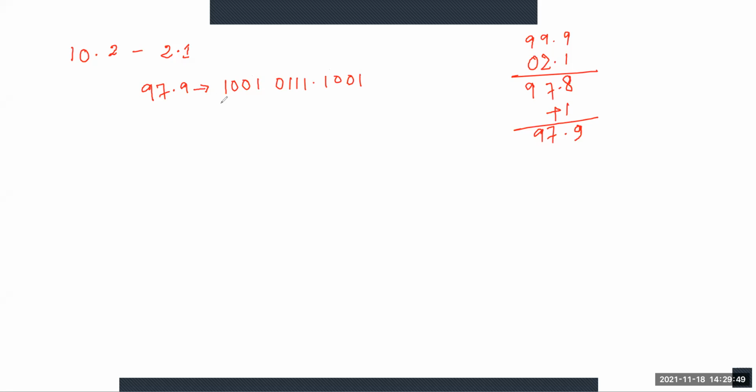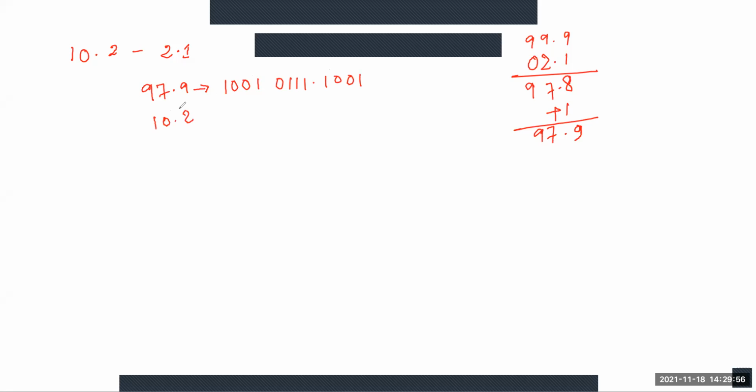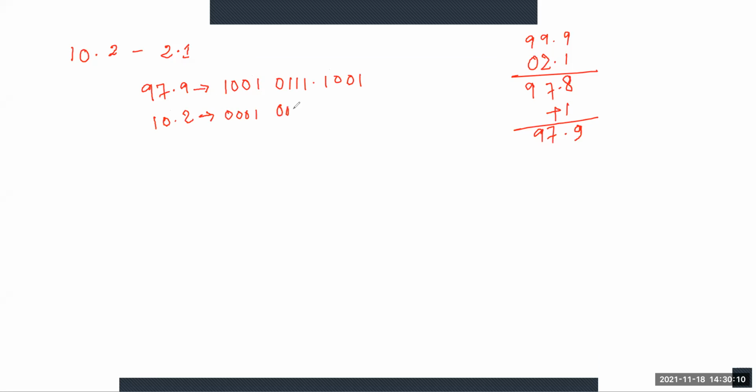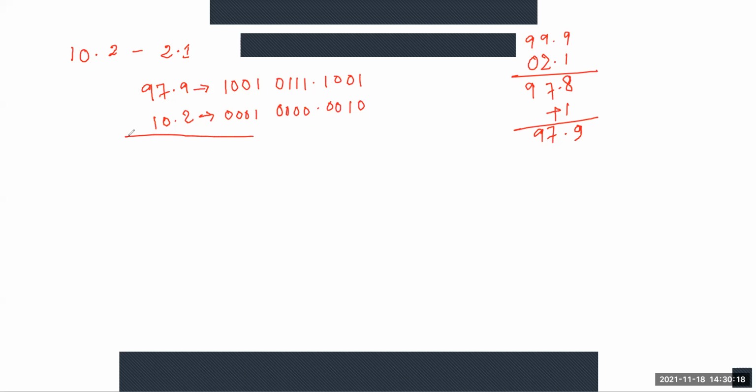And the minuend, that is 10.2. This is the minuend. Again we will represent the minuend in BCD form, that is 1 means 0001, 0 means 0000, point 0010. Now we will add.